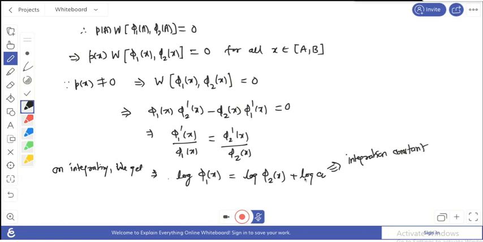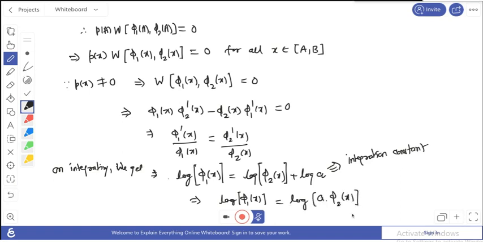So this implies log of phi 1(x) is equal to log of a phi 2(x).